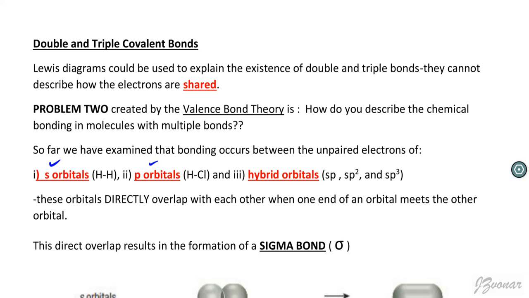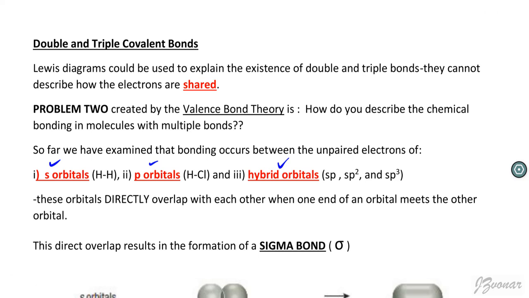Each of those have half-filled p orbitals where they overlap and form a covalent bond. The last thing that we introduced is how hybrid orbitals also can have the overlap of these orbitals with other s or p orbitals of neighboring atoms to form a covalent bond.